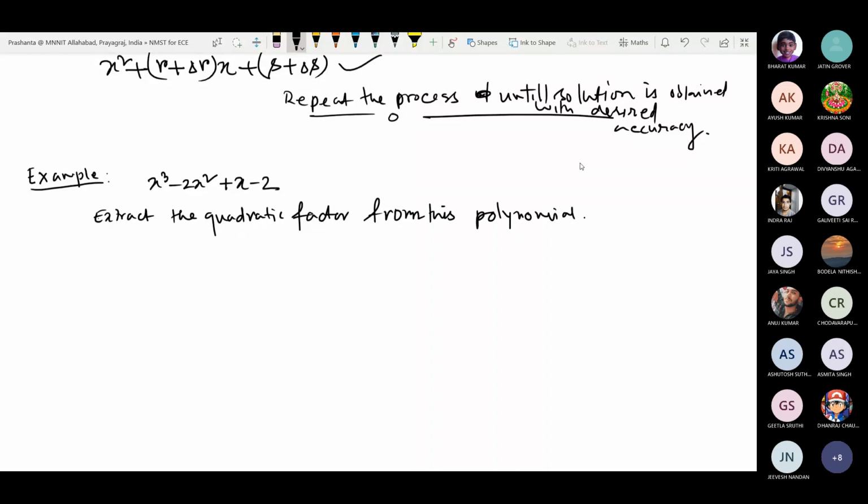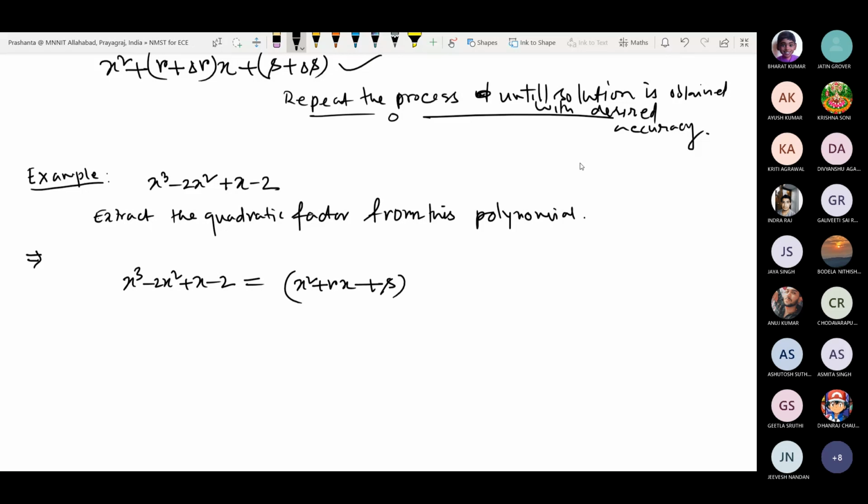Okay. So what was the method? How does this method work? You consider this is the given polynomial x cube minus 2x square plus x minus 2. So we assume that the quadratic factor is x square plus small r into x plus small s.